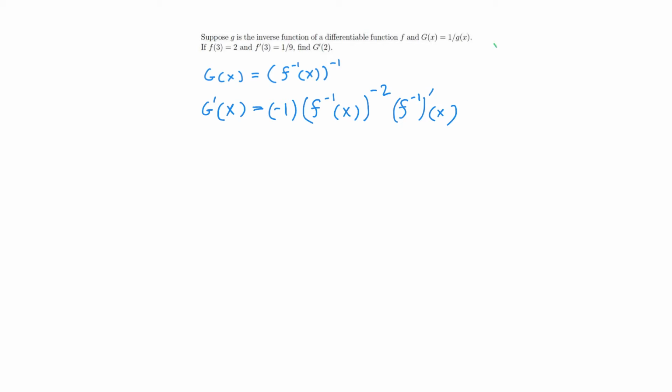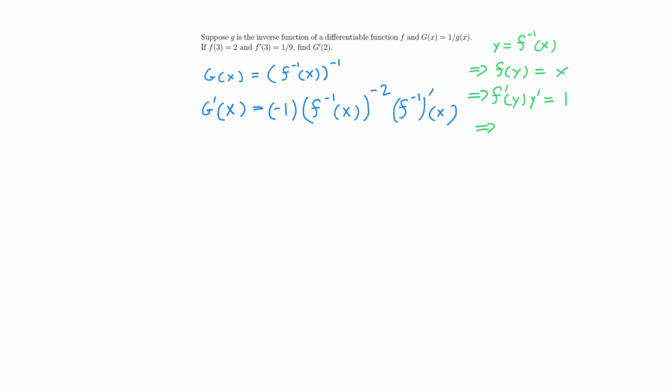Maybe we can prove a little formula off to the side. If we say y equals f inverse of x, and we're trying to find the derivative of y, maybe we can try to solve this for y prime somehow. And if we use implicit differentiation after taking f of both sides, what we'll get is f of y equal x, and taking the derivative, we get f prime of y multiplied by y prime, and on the other side we get 1.